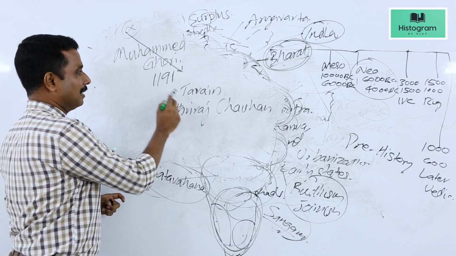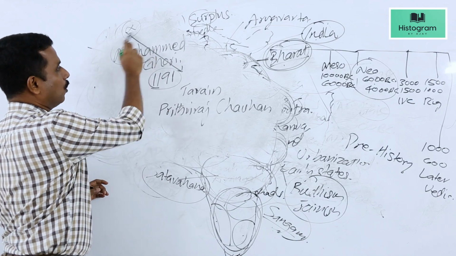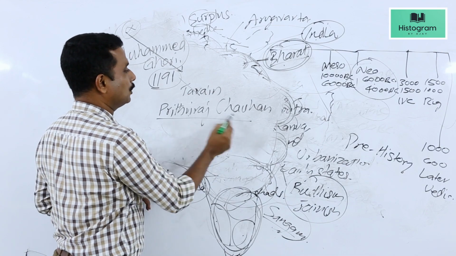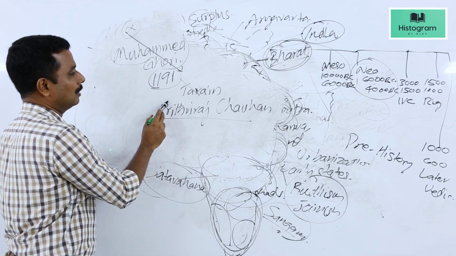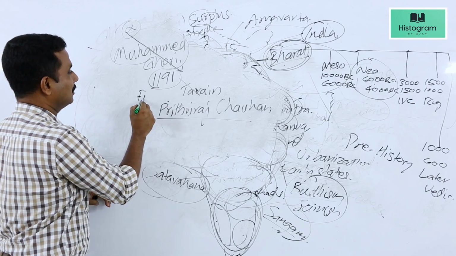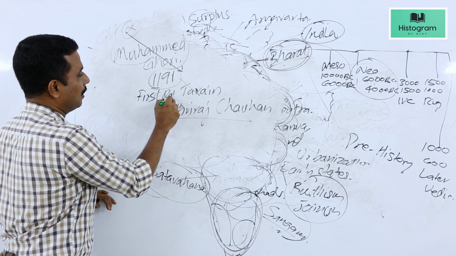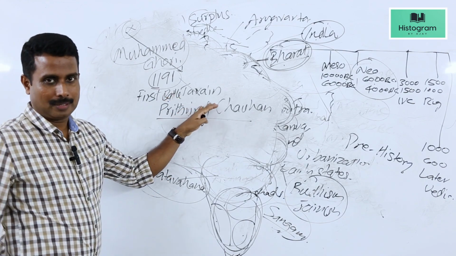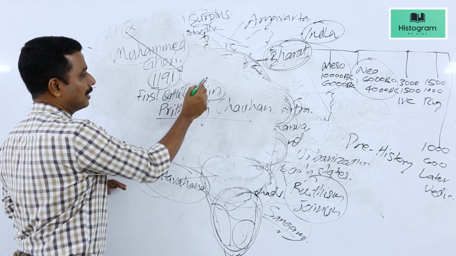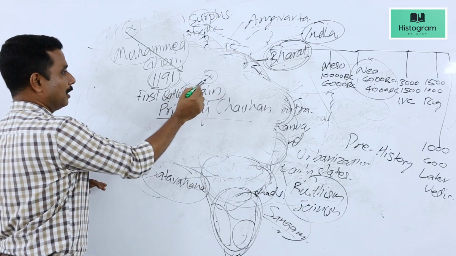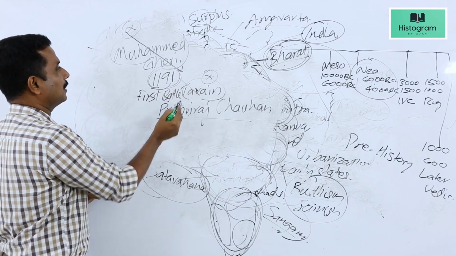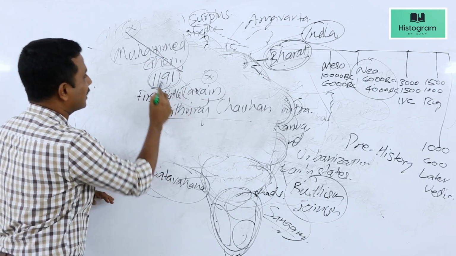In 1191, a foreigner called Muhammad Ghori invaded India, but an Indian ruler called Prithviraj Chauhan, a Rajput ruler, defeated him at the First Battle of Tarain. It took place in 1191. Tarain is near Karnal, North India, located in present-day Karnal region.